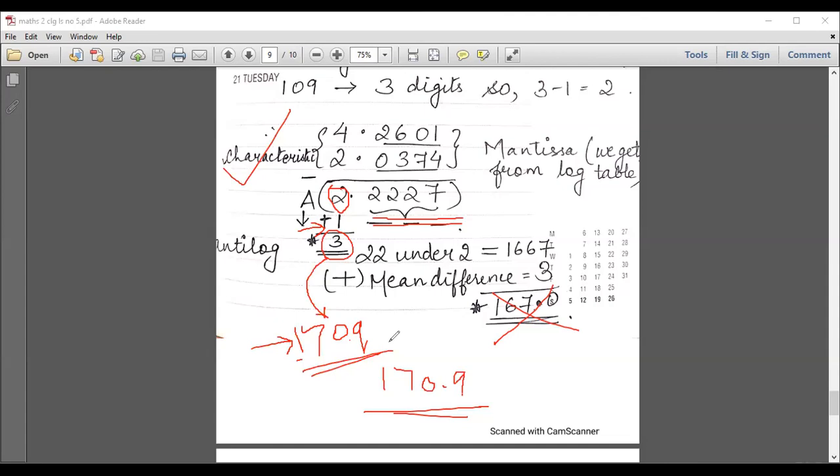I'll send y'all both the log table PDF and the sums PDF, and whatever sums we did today, just try to practice the log and understand what working I did and how I got the answers. And believe me, once you are comfortable with it, there's nothing like it. You'll enjoy doing the divisions, and every time you'll feel, arey log table hona chahiye tha, we could have done the division within seconds. So anyways, it is your decision.